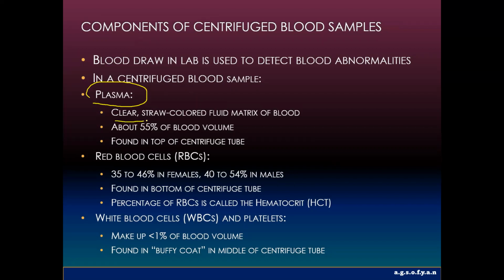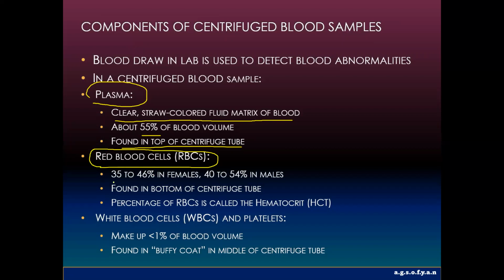This is a clear straw-colored fluid matrix of the blood. 55% of blood volume is going to be on the top of the centrifuge tube because this is lighter. The bottom part will be heavier. It mostly consists of red blood cells, because 99% of this part is red blood cells.